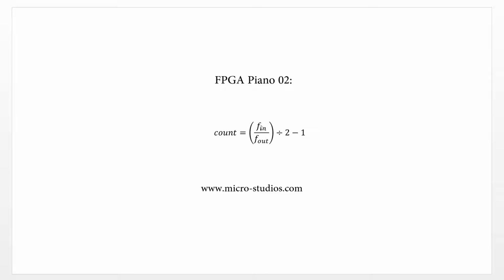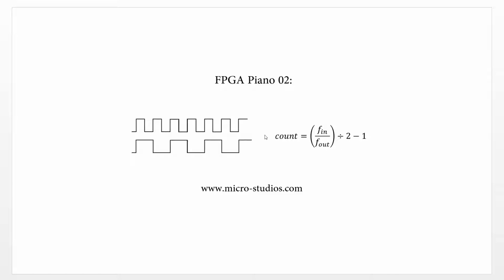The input frequency is divided by the output frequency, then divided by 2 and minus 1. Why divide by 2? For the count value, here is the high level and here is the low level.